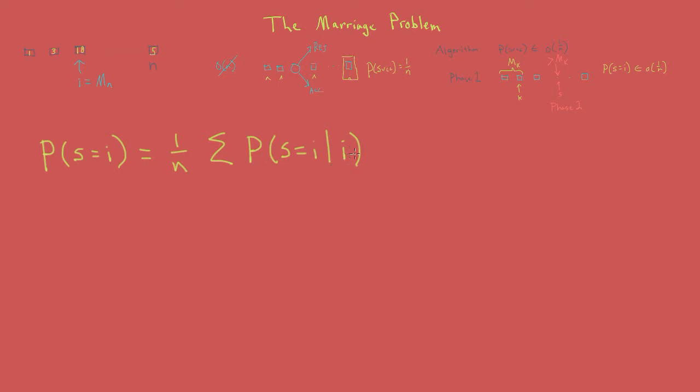So the idea is that I can be anywhere from 1, the first element, to n. And so we're going to look at the probability that we succeed given I is at 1 all the way up to n. We're going to add all those probabilities together because they are mutually exclusive events. And we're going to take their average, and that will give us the total probability that the algorithm succeeds. So let's look at different cases of I to see why we're doing it this way.